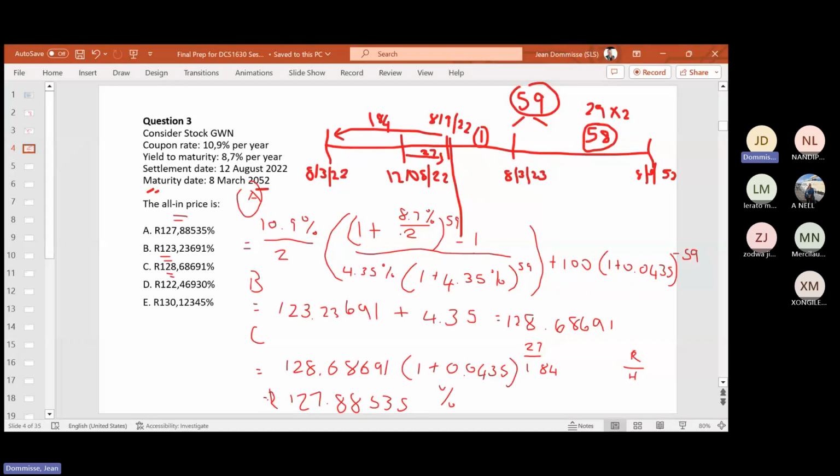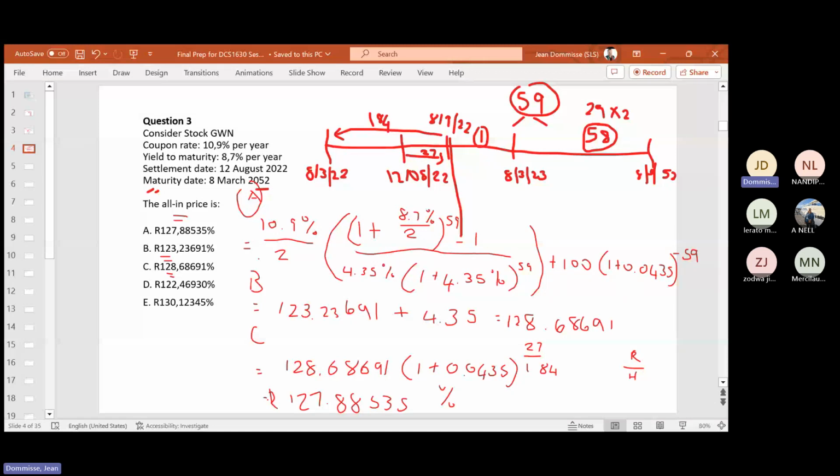A lot of the time in the answers you will already see that they use 5.45. Where I got that is the coupon rate divided by 2, because it is twice a year.